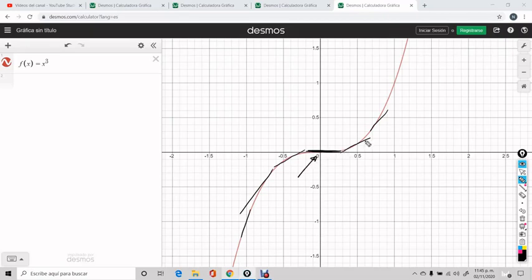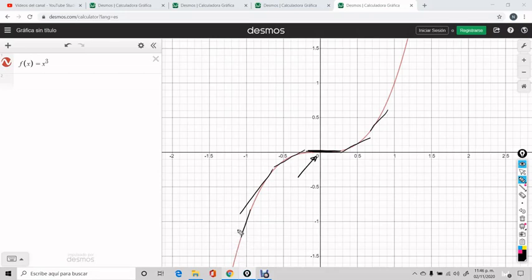So it's positive, positive, positive, 0, but not a turning point, and then positive, positive, positive. So it's increasing, increasing, and then at this moment it stops increasing, so to speak. It comes to a halt, to a pause, but then my function goes again increasing. It's another type of behavior.